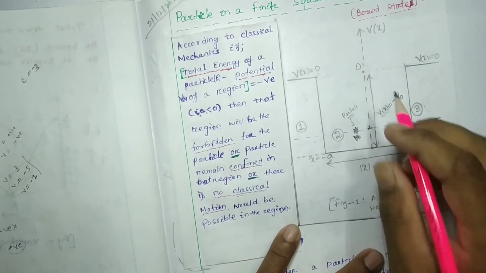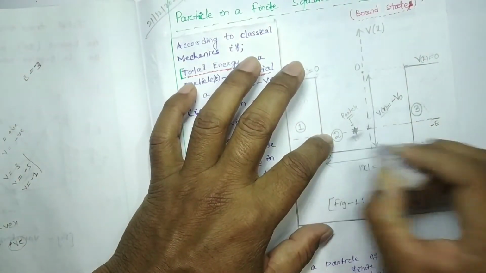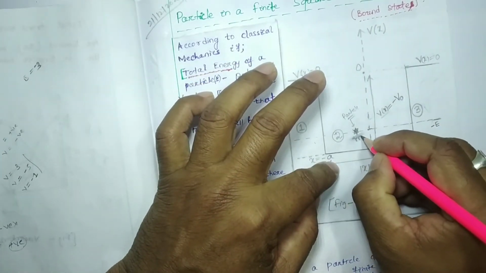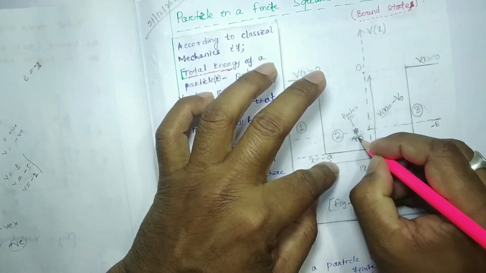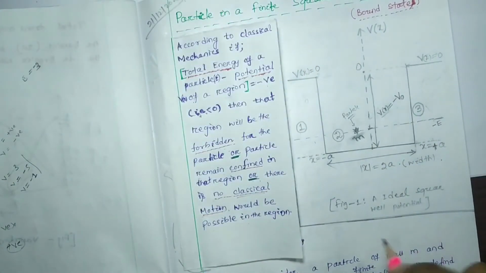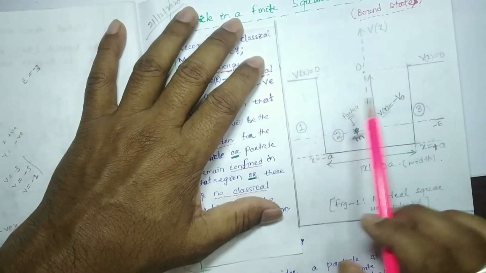Okay. It is confined due to regions 1 and 3. How, we are going to discuss. I am going to explain what I drew in this figure.